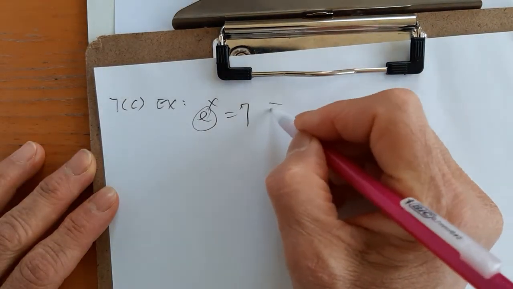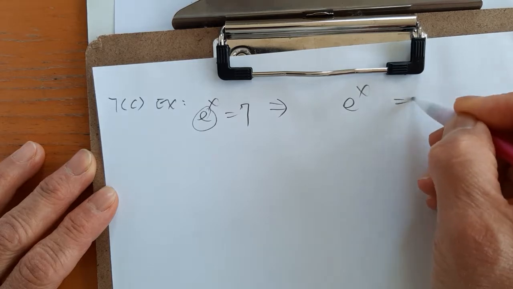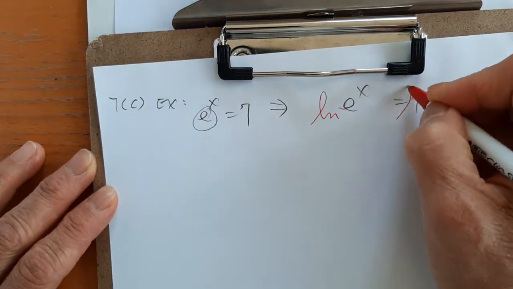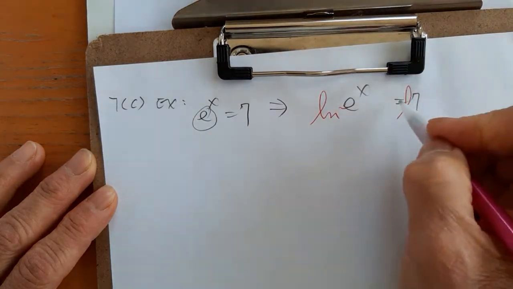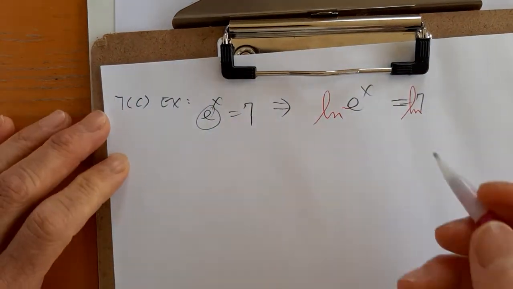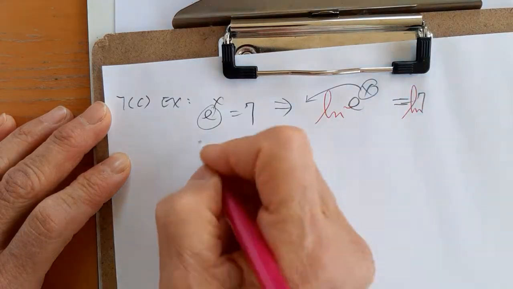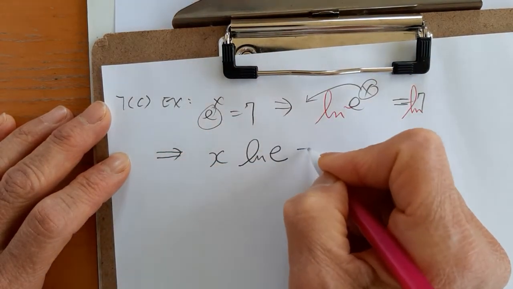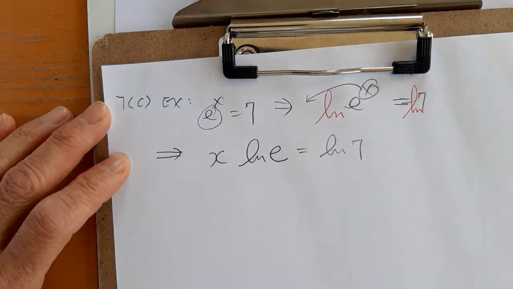So e to the power x equals 7. On the left, take ln. On the right, take ln. They still equal. Then use the power rule: x comes down. Get x ln e equals ln 7.